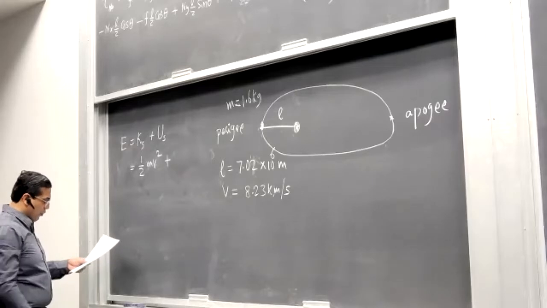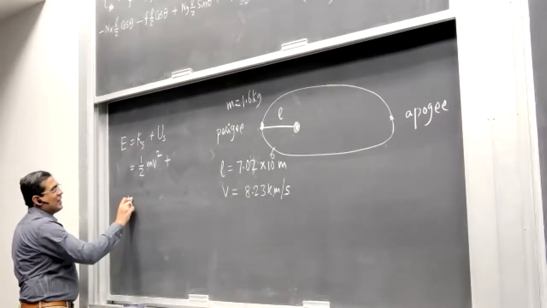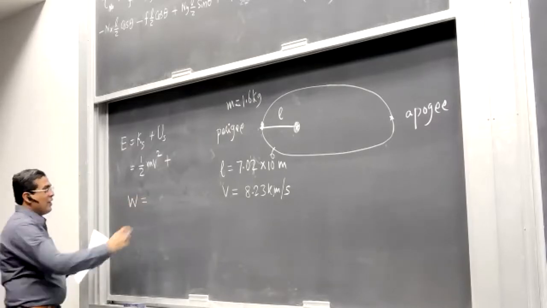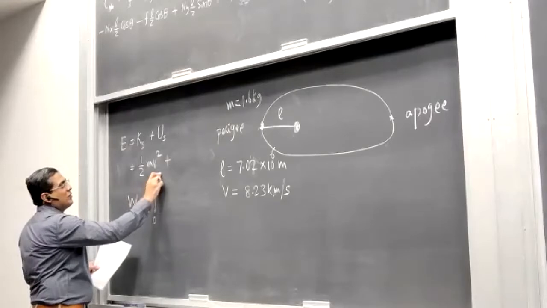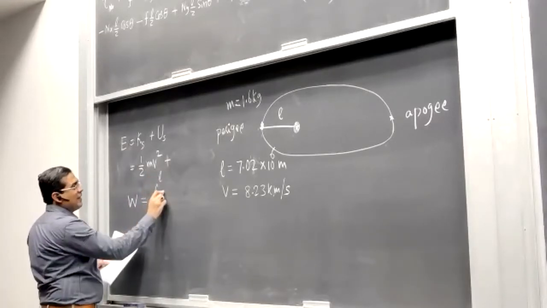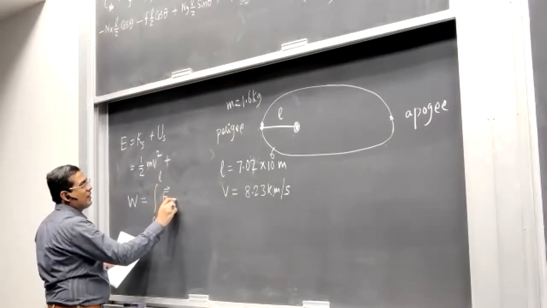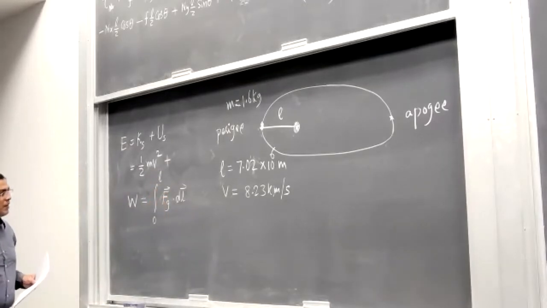or if you want to be more rigorous, you can also calculate the amount of work that you would need to do for taking this planet from 0 to distance L from Earth, and then this would be the force of gravity, dl.